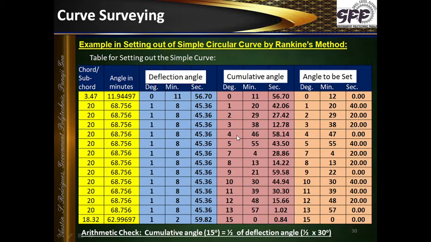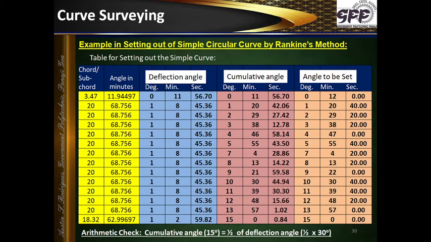The next one, 4 degrees 46 minutes, since this is almost touching 60, becomes 47, and so on. Finally we get 15 degrees 0 minutes and, since this is 0.84, it becomes 00 seconds.